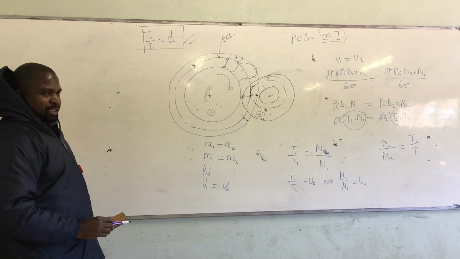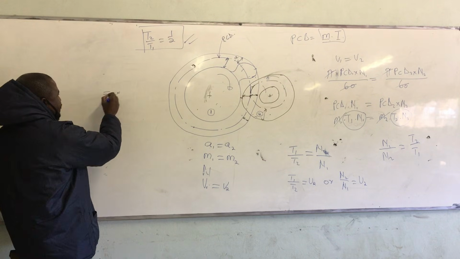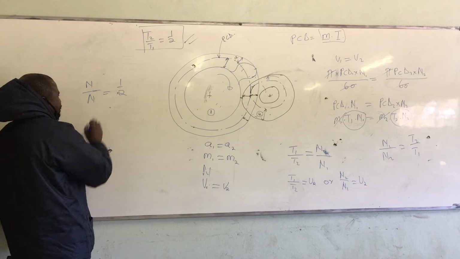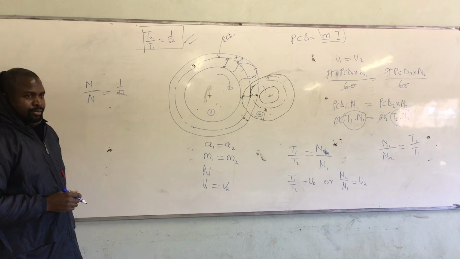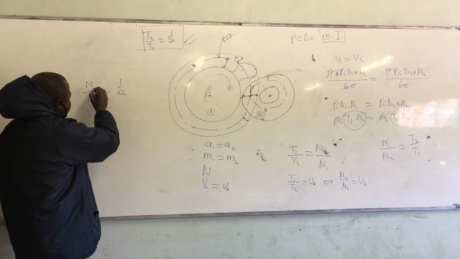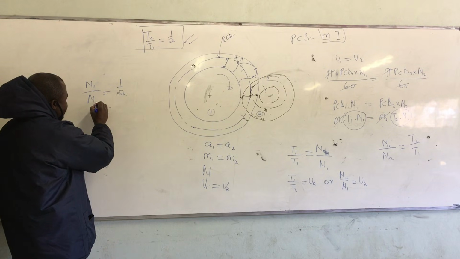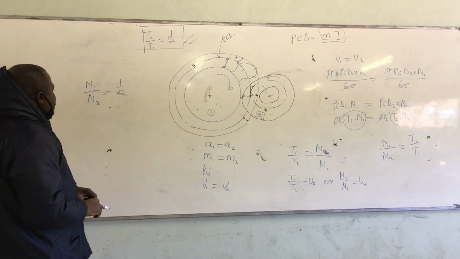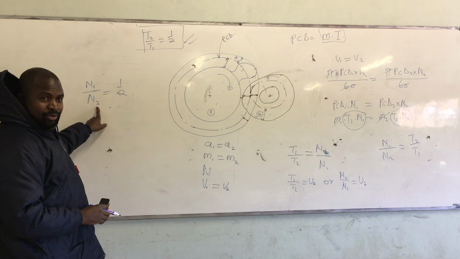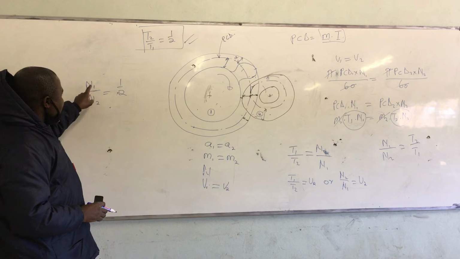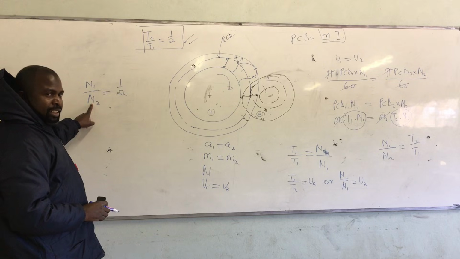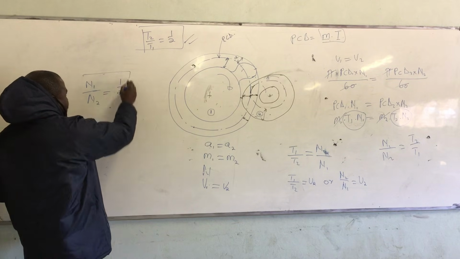So okay, in terms of the speed, if I want to write the speed, 1 is to 2, N1 over N2. So N1 rotates slower than N2. N1 rotates slower, then N2 rotates faster. In that case, you can use this ratio like this.